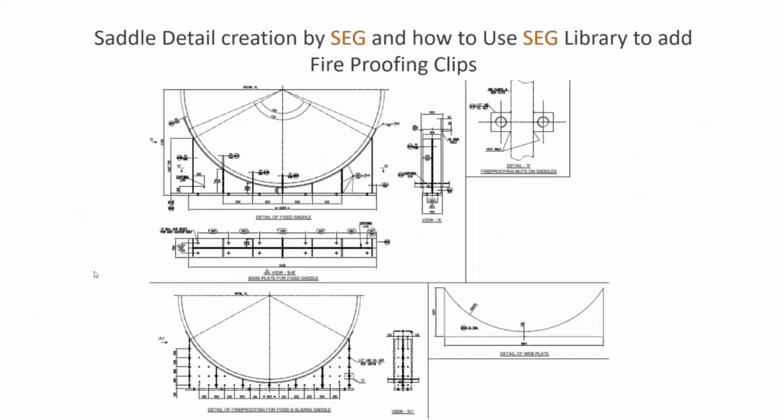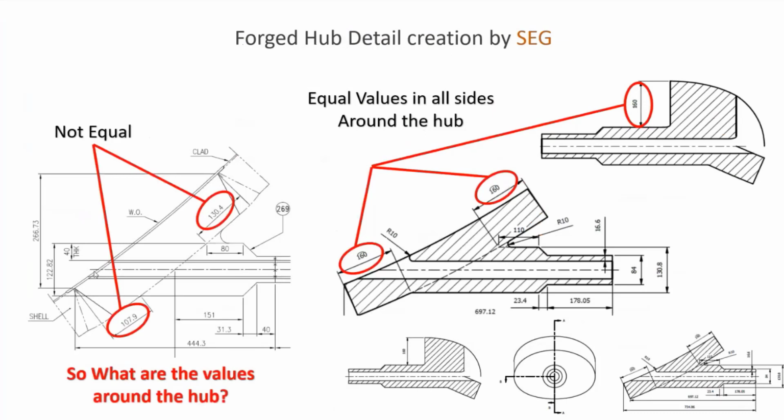presentation again. Here, so we discussed in this slide how to generate the saddle drawing and how you can modify over it, how you can get a sheet metal development for a rolled plate like the wear plate. On that point, we will discuss the forged hub detail creation by SEG Software.